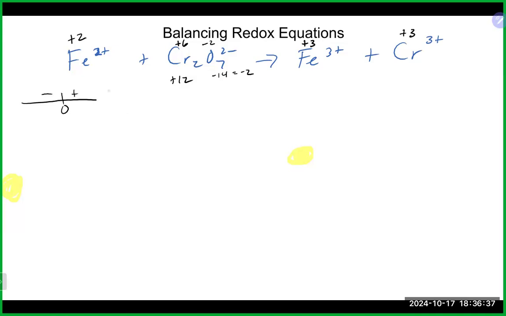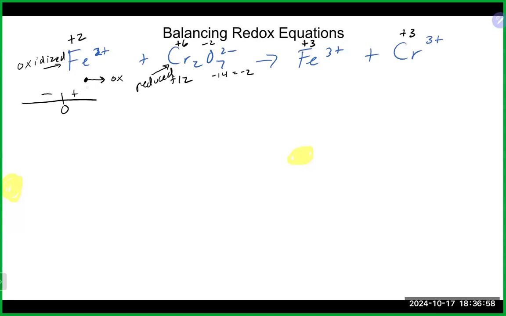If I look at the iron, it starts at +2, right? Ends at +3, which is heading in that direction, becoming more positive, which means it is being oxidized, right? Again, the good news is by default, that would mean the chromium here is actually being reduced.